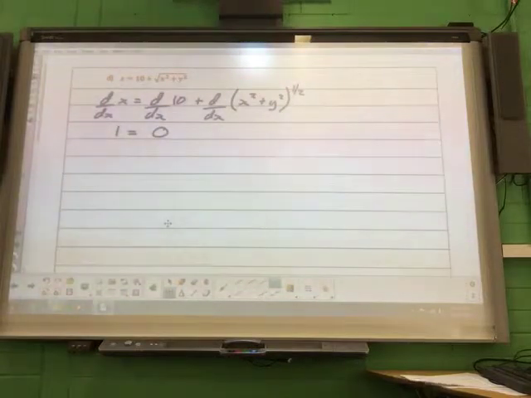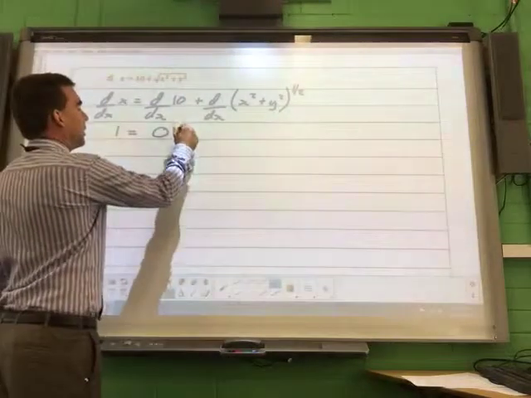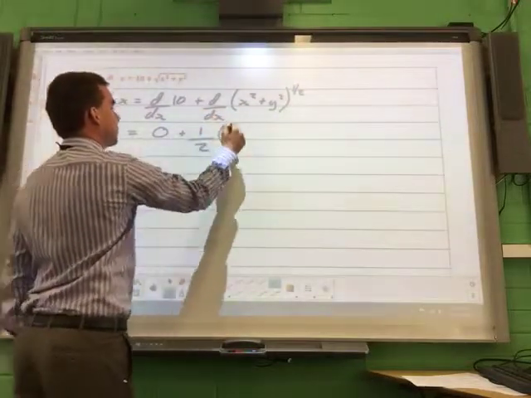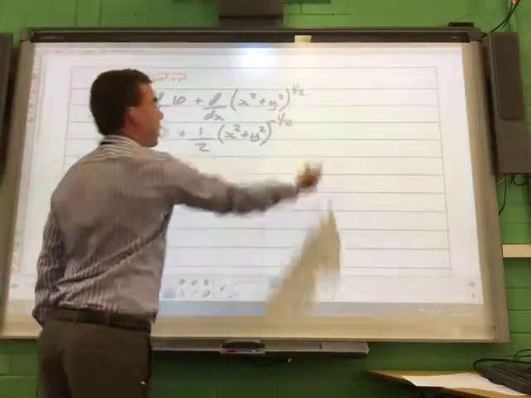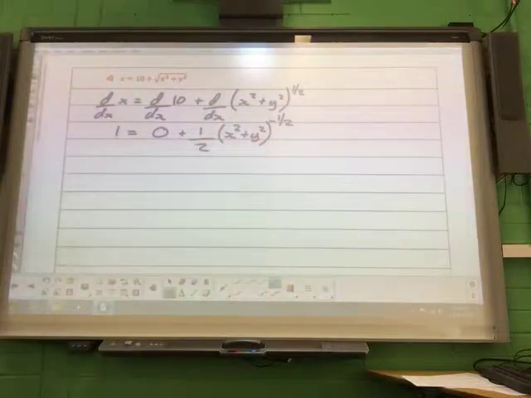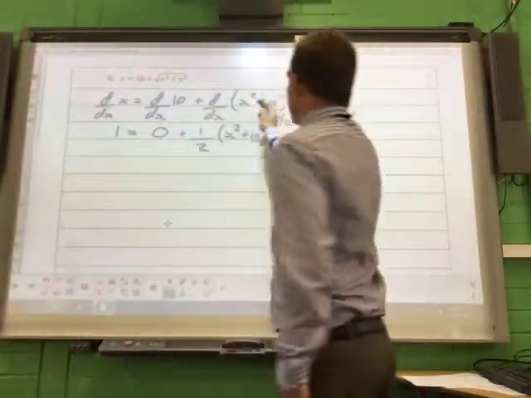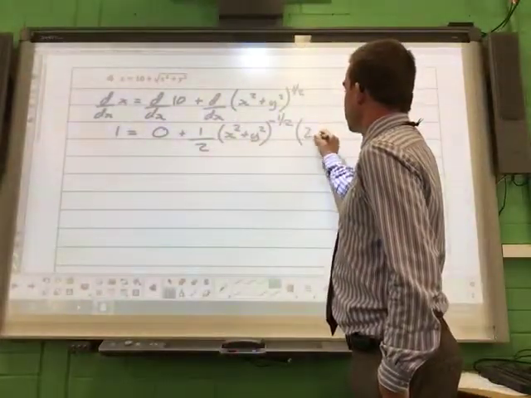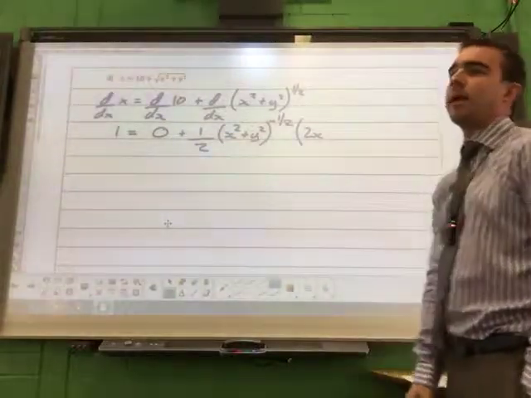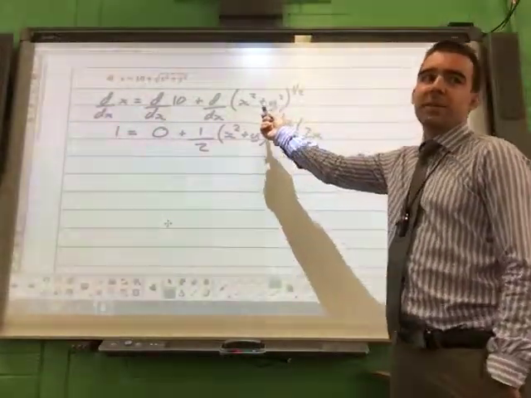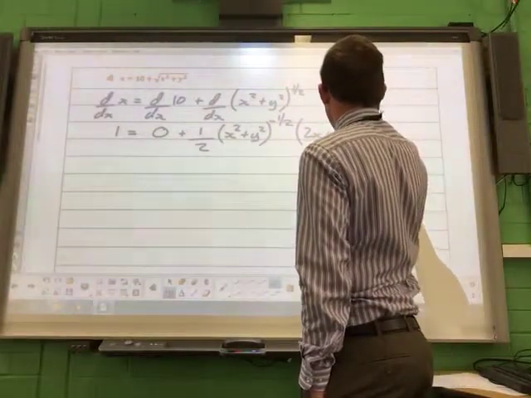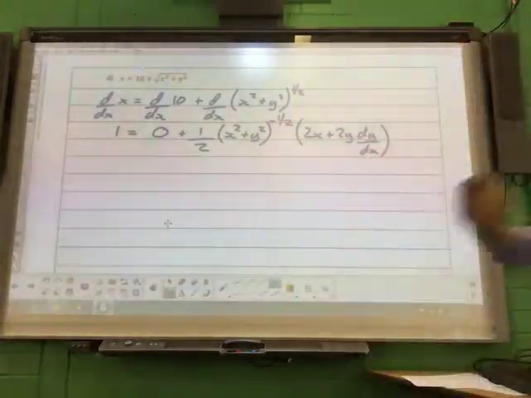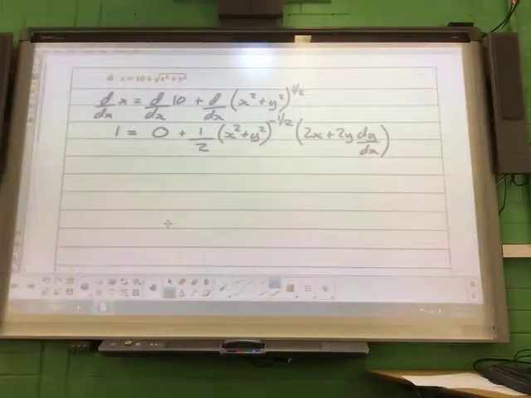Now, ddx of x squared plus y squared all to the power of a half. This is your function of a function. So you bring down the power, take 1 off the power, then you have to multiply by the derivative inside the bracket. The derivative of x squared is 2x with respect to x, and then you need to do a ddx of y squared because you need the derivative of that. I've differentiated something in terms of y, so after it I need to write dy dx because that's what I have differentiated with.